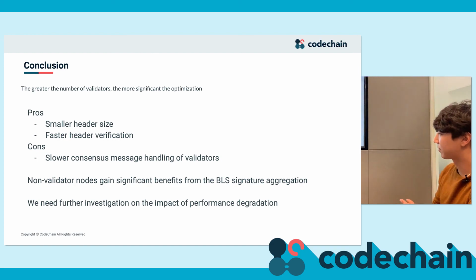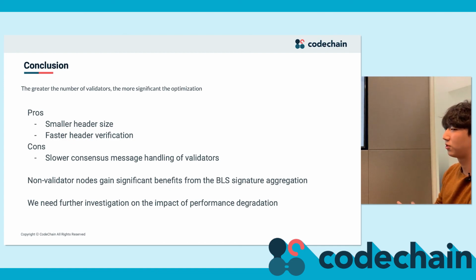But it is worth using this BLS scheme because the pros are for all nodes, including non-validators, and the cons are just for validators only. So non-validator nodes gain significant benefits from BLS signature aggregation.